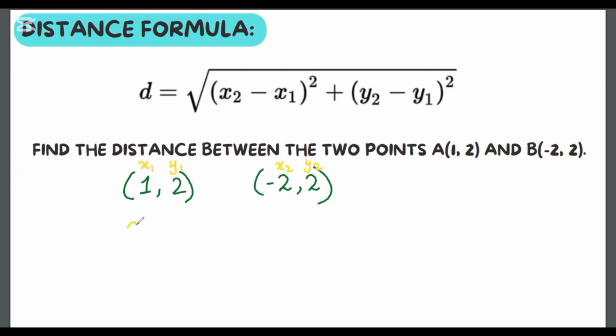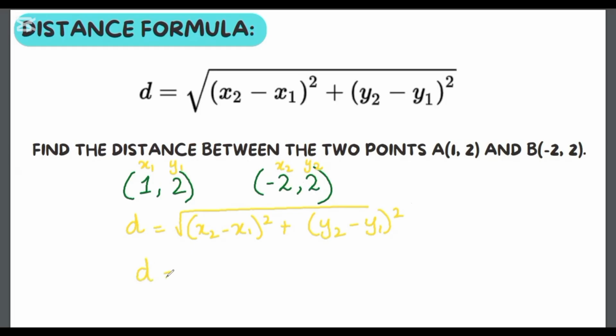Let me just rewrite the distance formula over here. It says d equals under root x2 minus x1 whole square plus y2 minus y1 whole square. Once you have identified the coordinates of the 2 points, the next step is to plug in the values of x and y's in the formula.